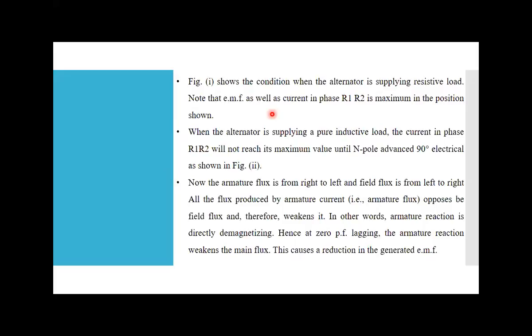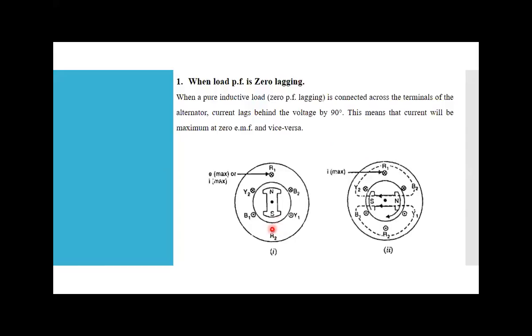Note that EMF as well as current in phases R1 and R2 is maximum in this position. So in case 1 my load is only resistive, and in case number 2 my load is inductive.